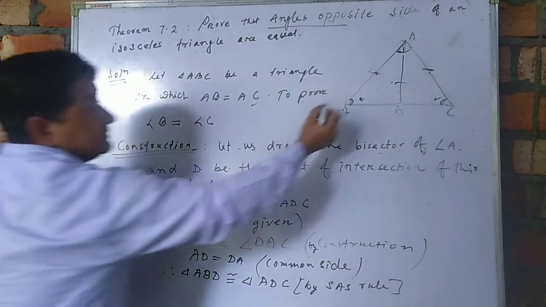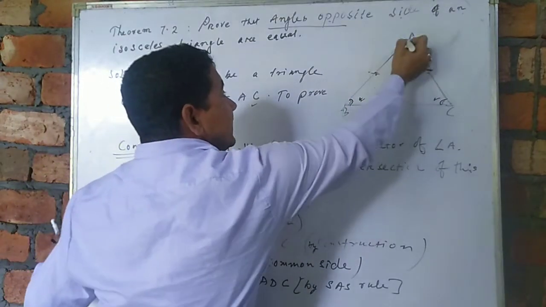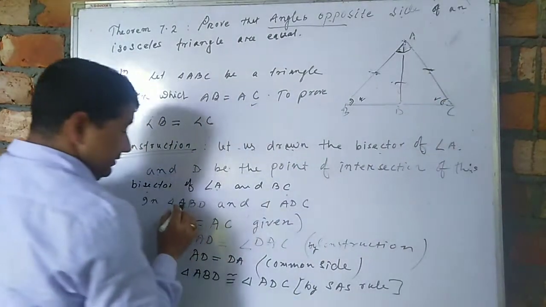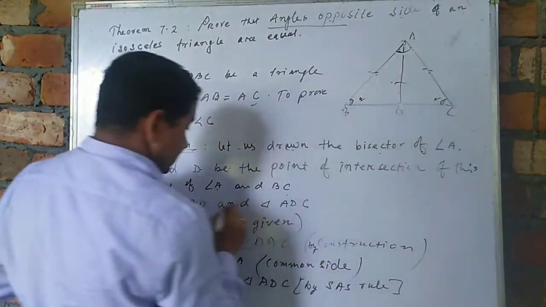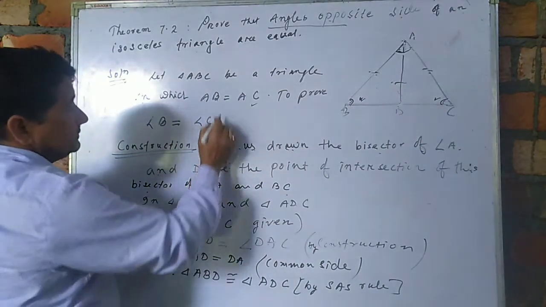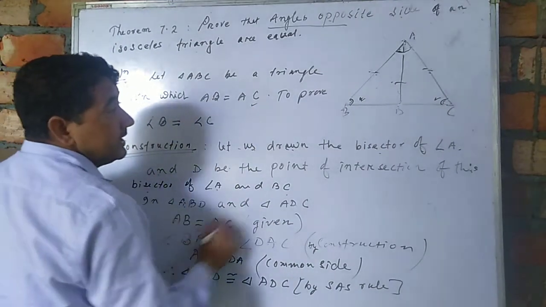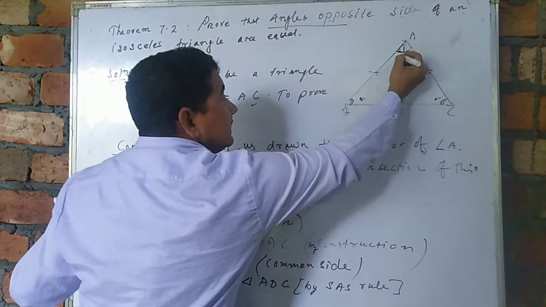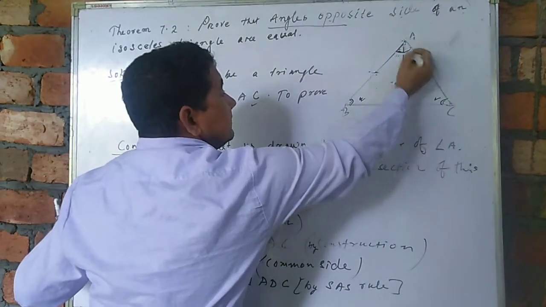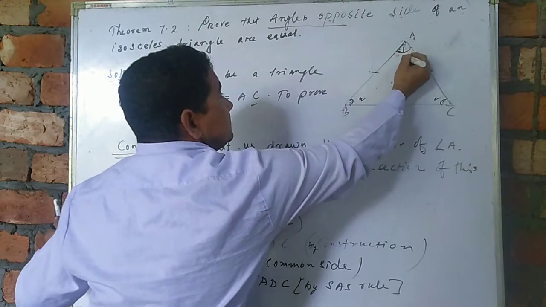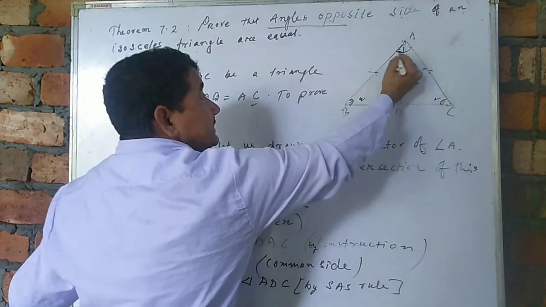Now we can consider triangles ABD and ADC. AB is equal to AC, given. These two sides are equal. Angle BAD equals angle DAC, since AD is the bisector of angle A.